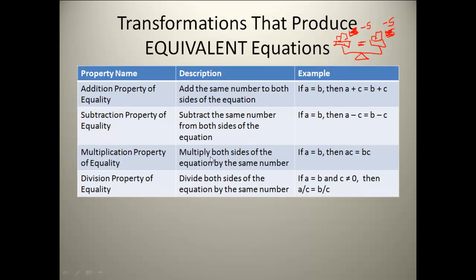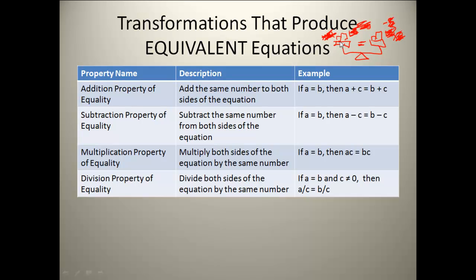Multiplication property of equality. Same type of deal. Let's say I want to double, so I want to multiply it by 2. I want to double the number of boxes on the left. If I want to keep my equality, I have to double the boxes on the right side also in order to maintain balance. And then division also works the exact same way.